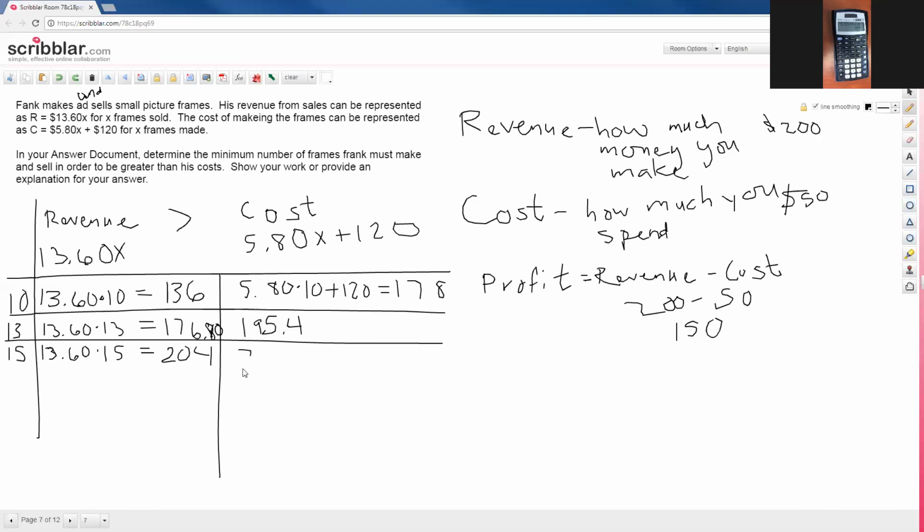We are super duper close. 204 is just a tiny bit less than 207. So when you're doing something where you have to actually prove, we want to show both. We want this 15. Now we're going to go up just one more to 16. So what do we get for revenue with 16? And what do we get for cost with 16?